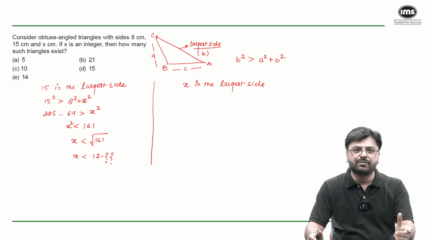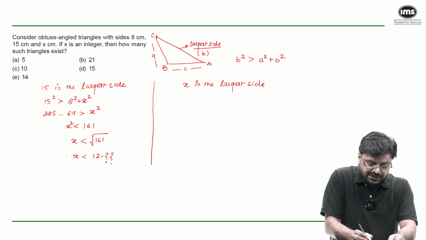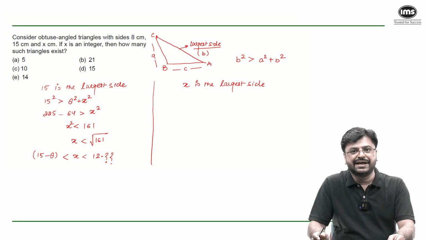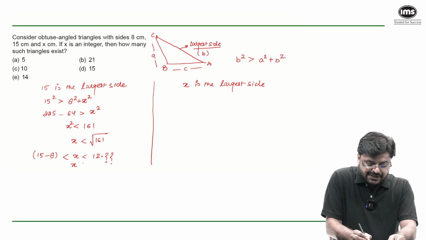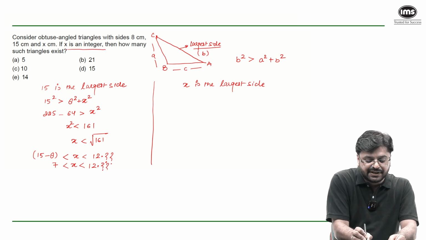No, there's one more basic property that we use while solving the triangles question, that is difference of any two sides should be less than the third side, which means the difference of 15 minus 8 should be less than x. So x lies between 7 to 12 point something, and it is given that x is an integer.